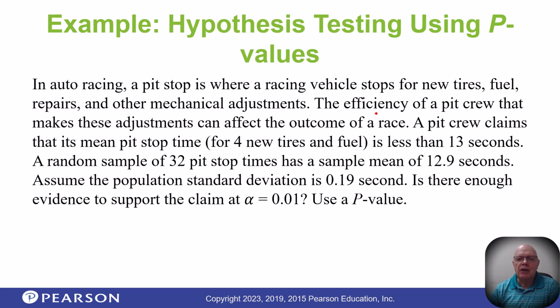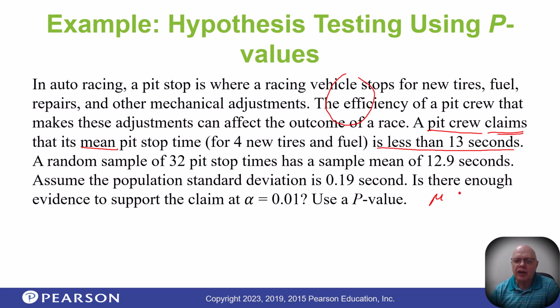Now, as I'm reading through this, I notice this tells me about races, and then it says the pit crew claims. So here we are. The claim is coming. The mean pit stop time. So we're talking about mu. The mean pit stop time is less than 13 seconds.